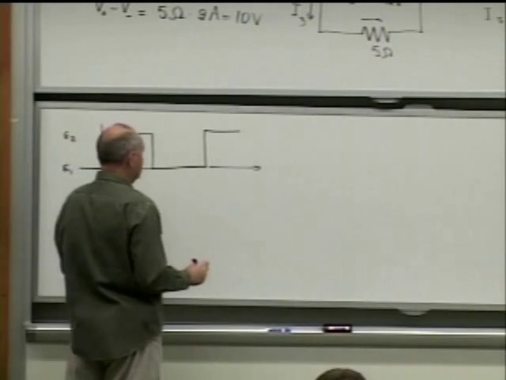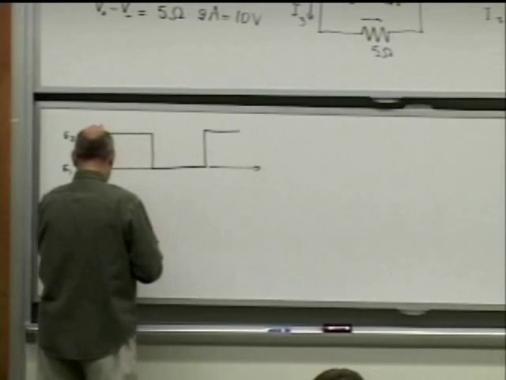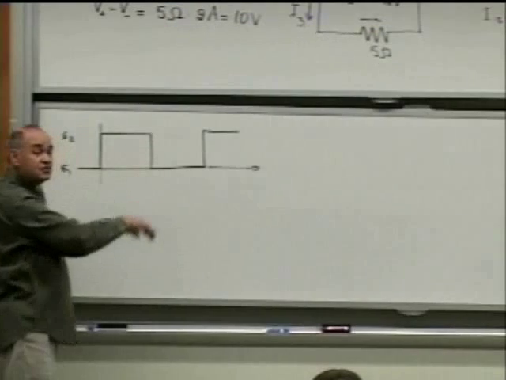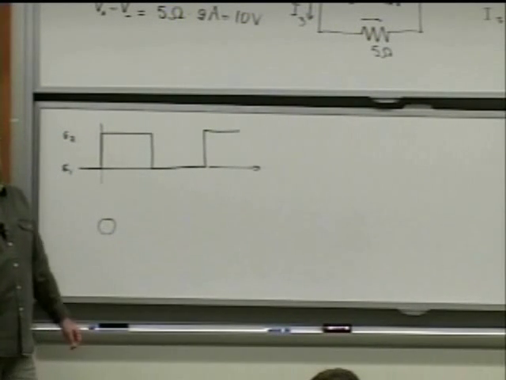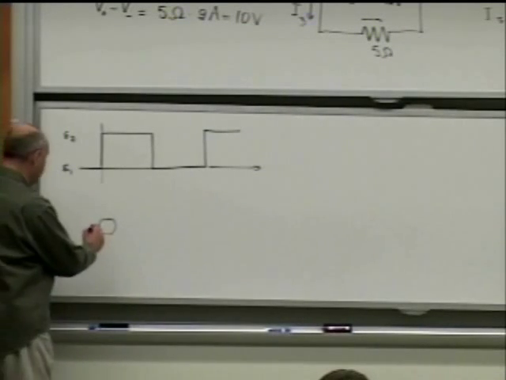And let's consider a circuit which contains this source. So this source produces a so-called square wave voltage, or square wave potential difference.